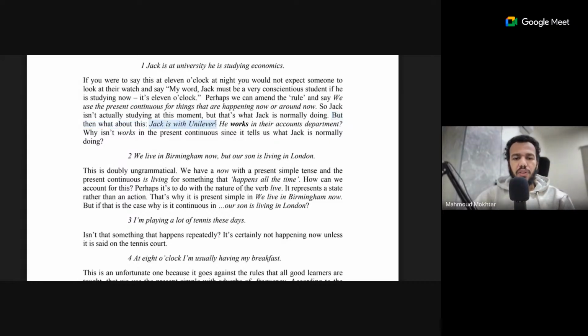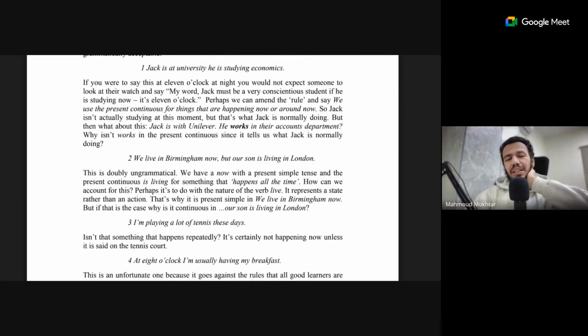Jack is with Unilever. He works in their accounts department. Why isn't works in the present continuous since it tells us what Jack is normally doing? This is very confusing from the first place about present simple and present continuous.